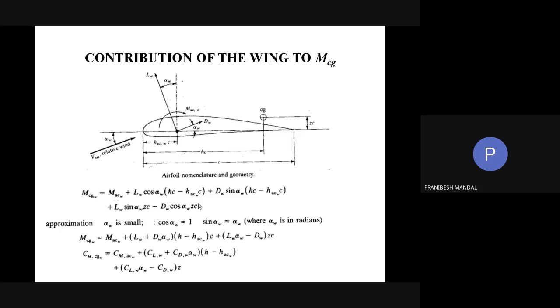Now you see, if alpha is small, I can obviously have cos alpha approximately 1 and sin alpha approximately alpha. That will render this particular equation to come as this, and corresponding coefficient will be provided as this.